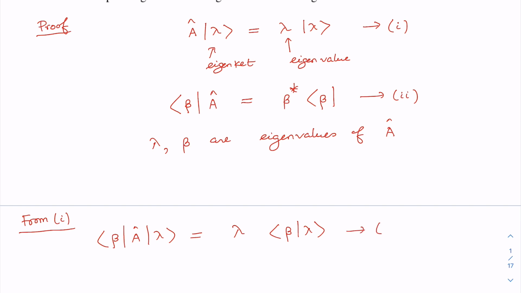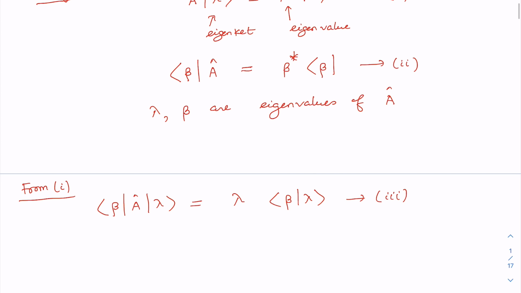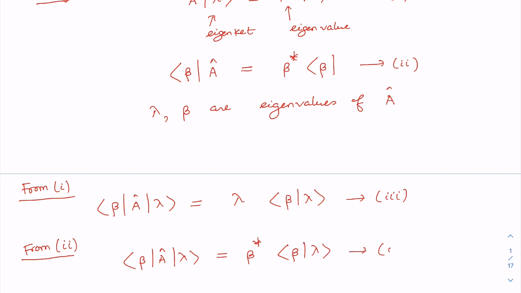So let's say this is my equation number 3, and similarly let me multiply equation number 2 on both sides from the right by the lambda ket. So I will have <beta|A|lambda>, and that would be equal to beta star <beta|lambda>. So let me label it as equation number 4.